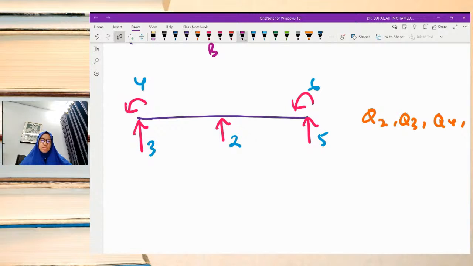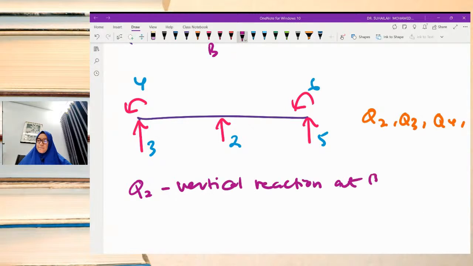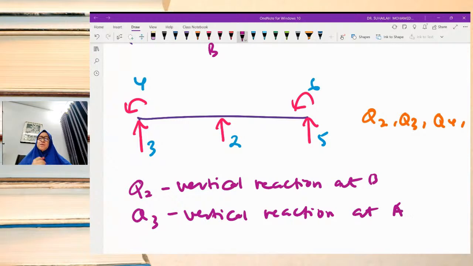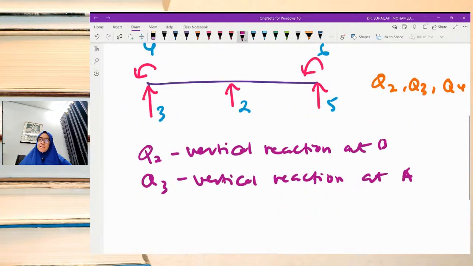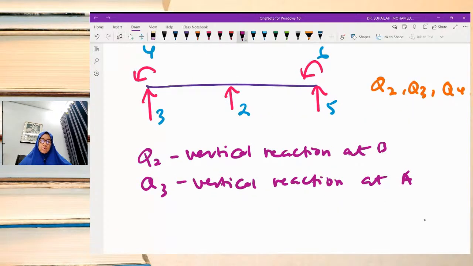Q2 means vertical reaction at B. Q3 is vertical reaction at A. Okay, just look at the label and at the node position.